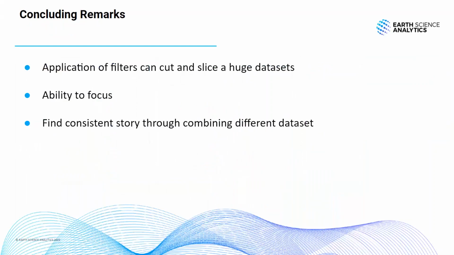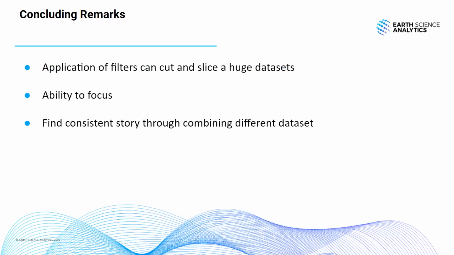Concluding remarks. Using different data sets, we can cut and slice these huge data sets to extract the information we want pretty fast as well. And of course, it allows you to grab that information and focus very, very quickly on the areas that you'd like.